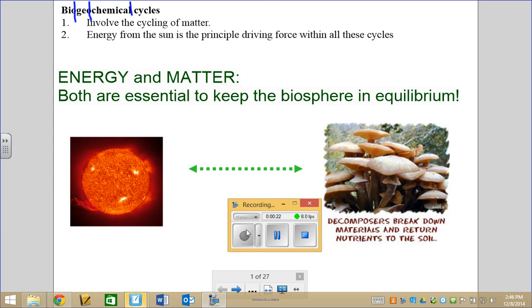The reason that the bio prefix is there is because we are going to constantly refer to how living organisms are affected by or play a role in each cycle. Geo means the Earth, so we are talking about how on our planet Earth these things are cycling.